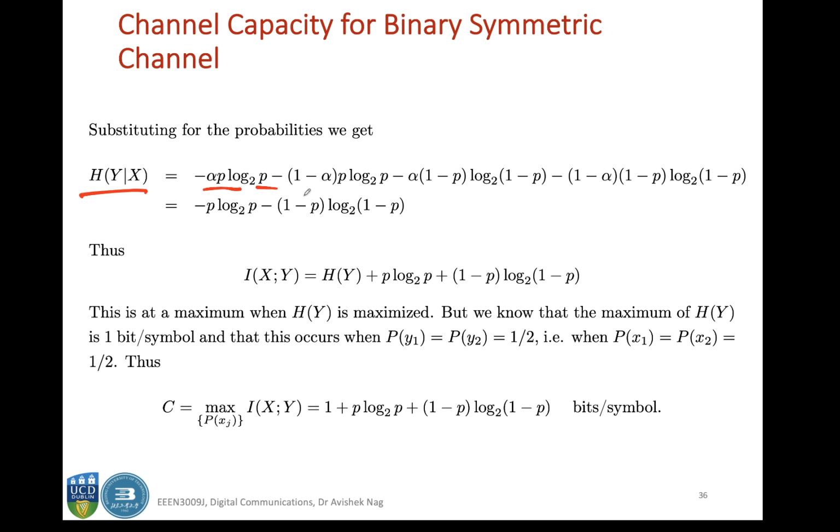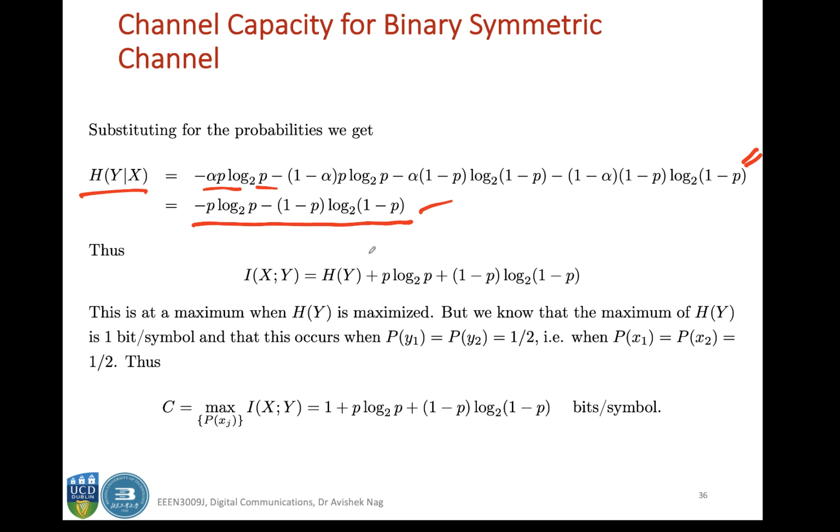Okay, and then if you simplify this you will get an expression which is all based on p, because the alpha terms just cancel out. If you just check this expression and try to simplify it yourself, you will see that the alpha terms just cancel out, and you are left with only this term.